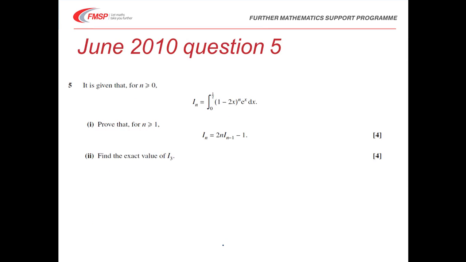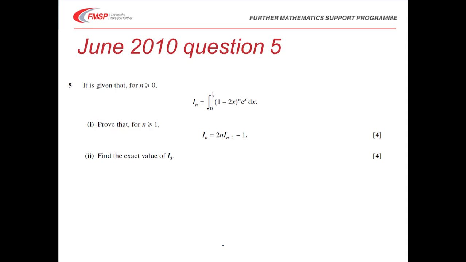So the second question we're going to look at now involves the reduction formula. So that was the second sort of section in our specifications. So we'll have a look at that. So it is given that for n greater than or equal to 0, I of n is equal to the integral between 0 and a half of (1 minus 2x) to the power of n times e to the x dx.